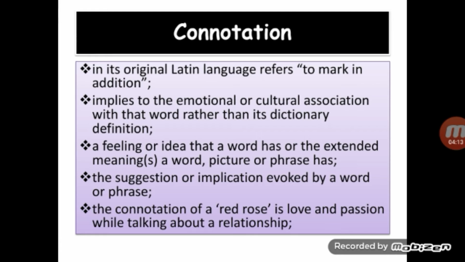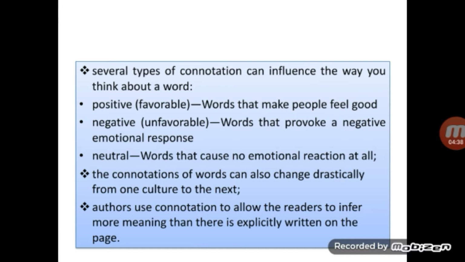It's the suggestion or implication evoked by a word or phrase in a certain context. Already mentioned, the example of red rose here: the connotation of red rose is love and passion while talking about a relationship.